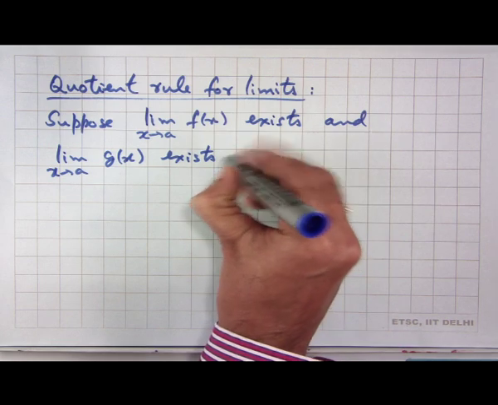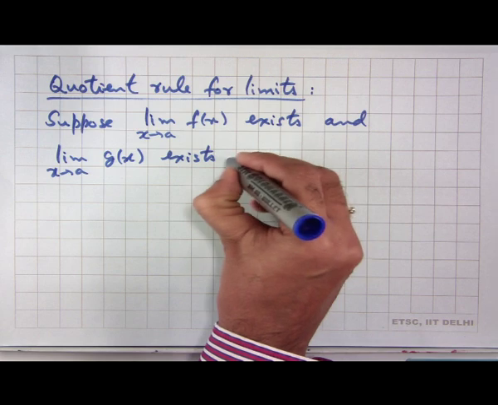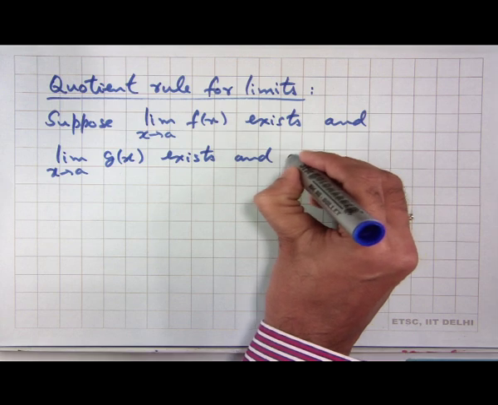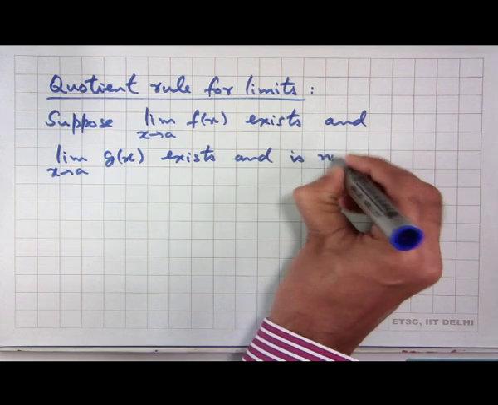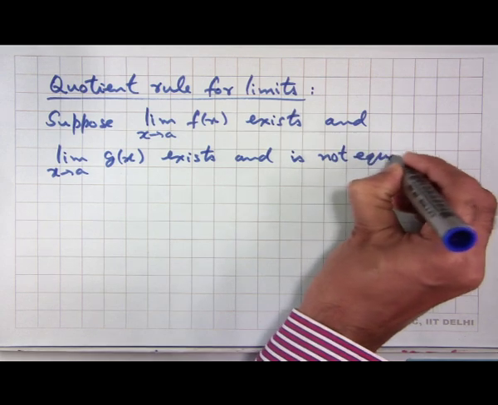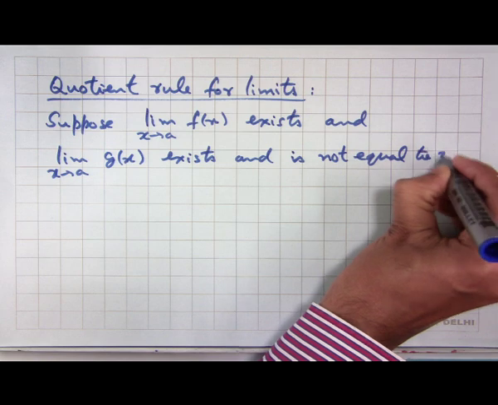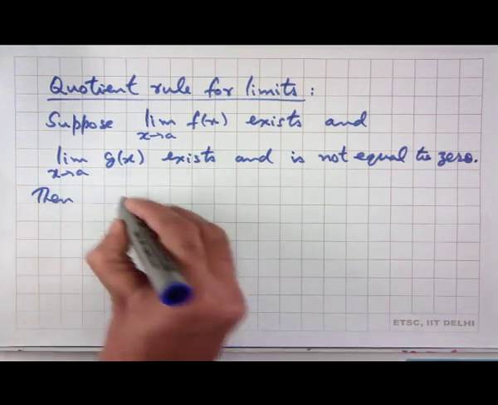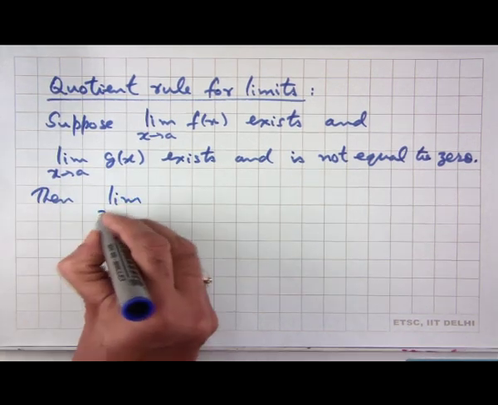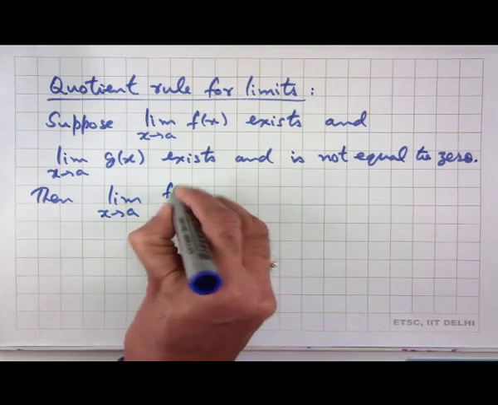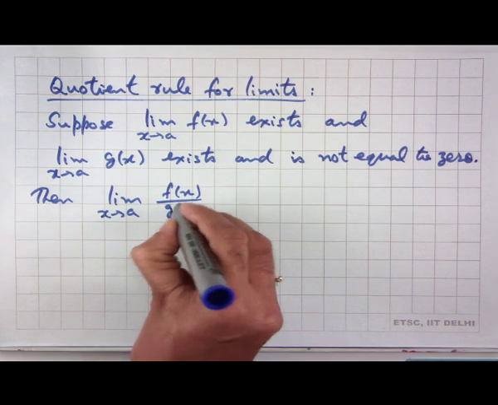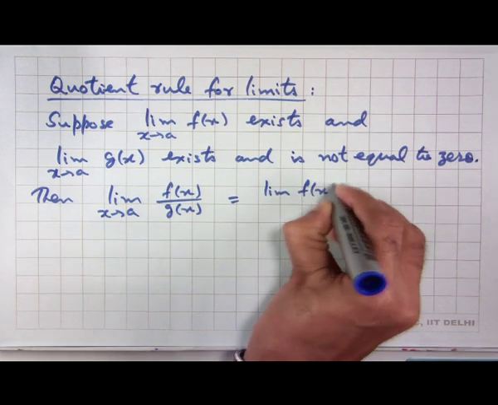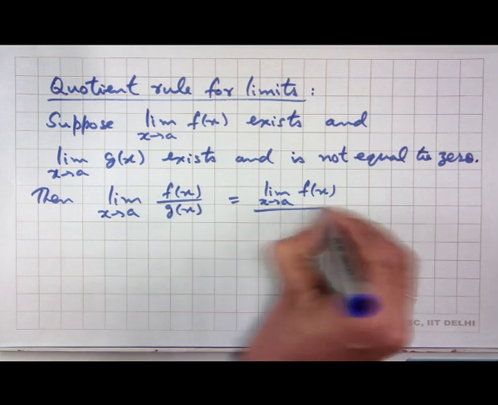Further, the limit of g of x is not equal to 0. Then the limit of the quotient of these two functions, f x by g of x, is equal to limit of f of x by limit of g of x.